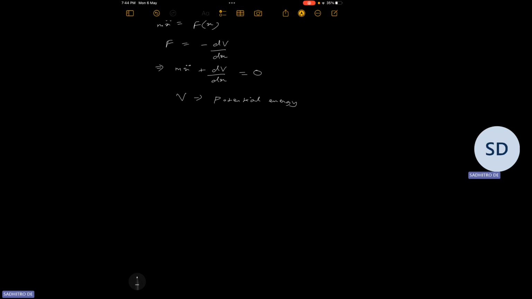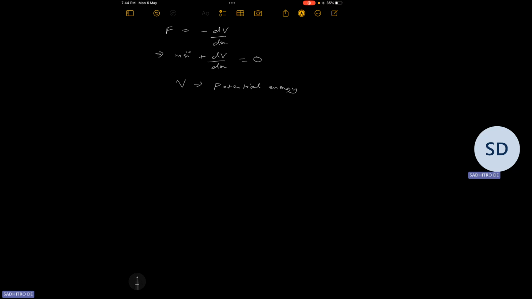Now, how do we define the total energy? What we do is that we multiply both sides of this equation by x dot. So you have m x dot x double dot plus x dot dV/dx equal to 0. So this is basically d/dt of half m x dot squared.